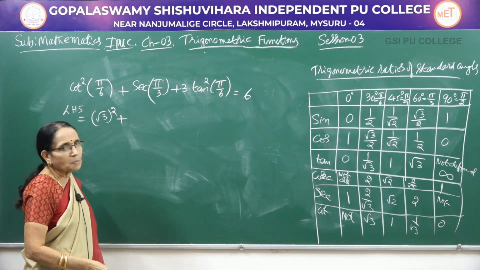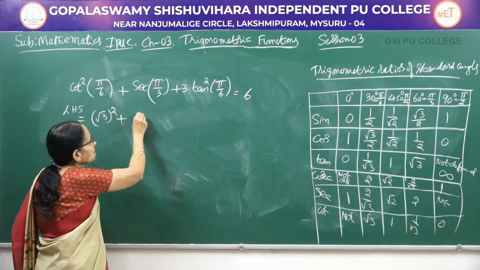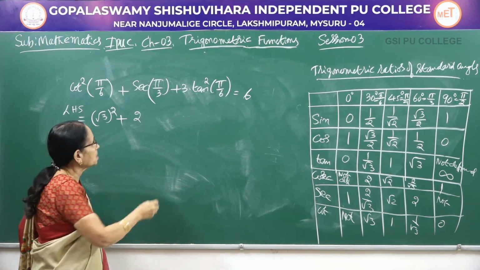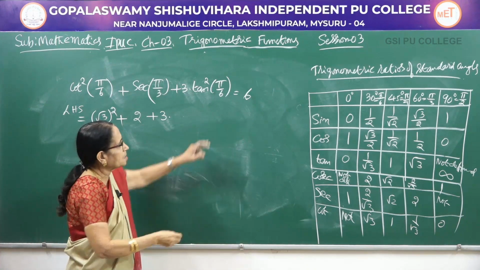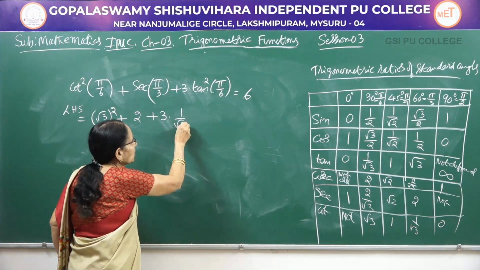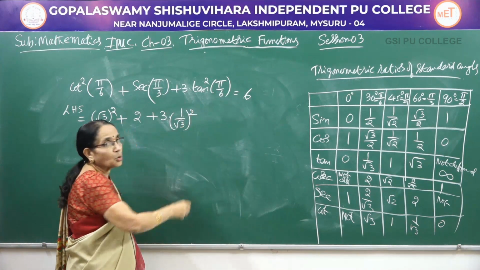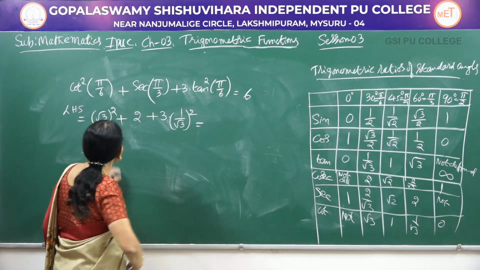Now, secant pi by 3, secant 60 is the reciprocal of cos 60, that is 2, plus 3 into tan 30. Tan 30 means 1 by root 3 the whole square. Now, let me write it.